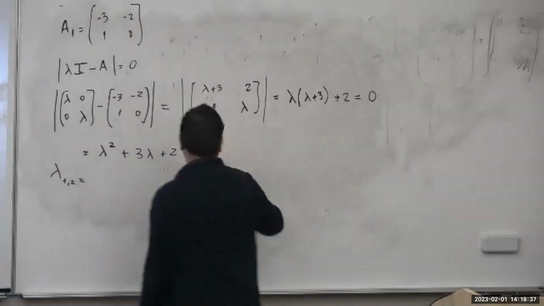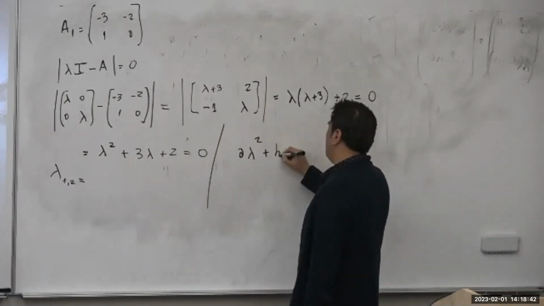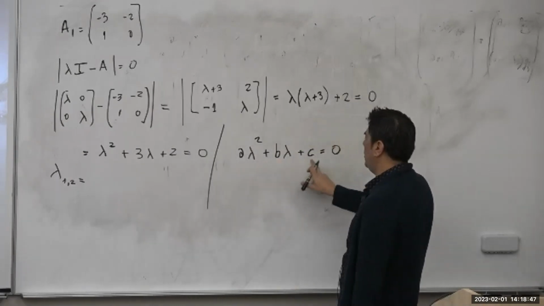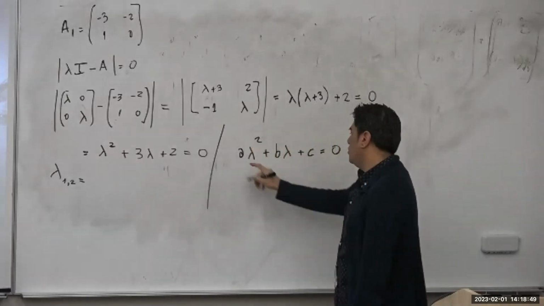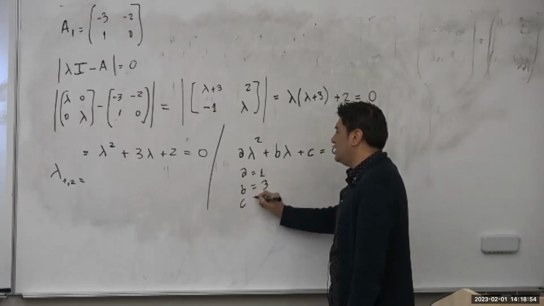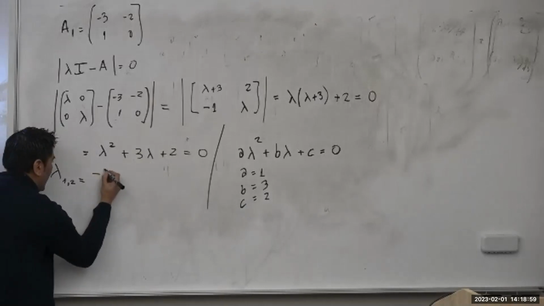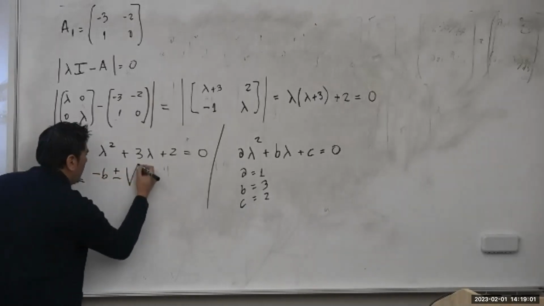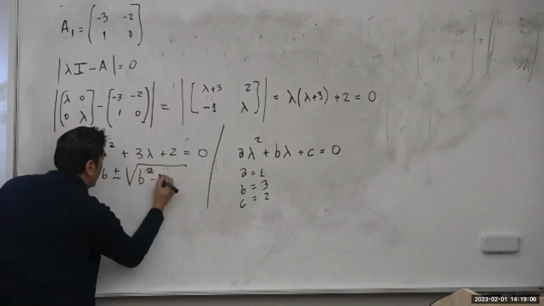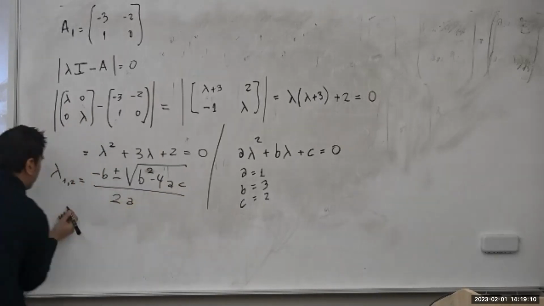The solution typically considers A lambda squared plus B lambda plus C equal to 0. These are the coefficients of this equation. So A in this case is 1, B is 3, and C is 2. And the solution for this is going to be negative B plus or minus the square root of B squared minus 4 times AC, divided by 2A.